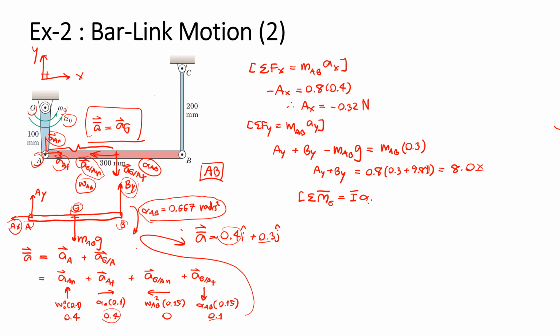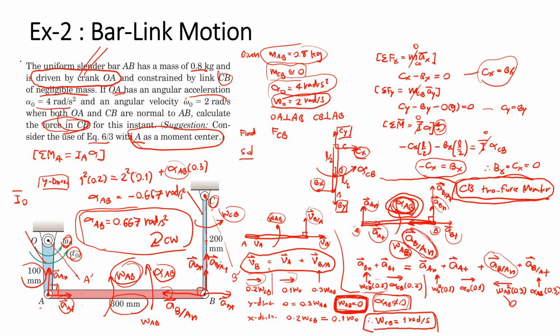of AB, and clockwise is positive. Summation of moment, 0.15. A uniform slender bar means the center of gravity should be in the middle of the bar AB.